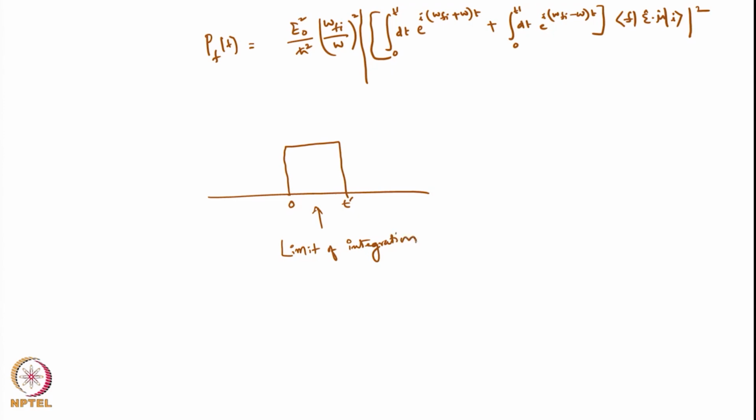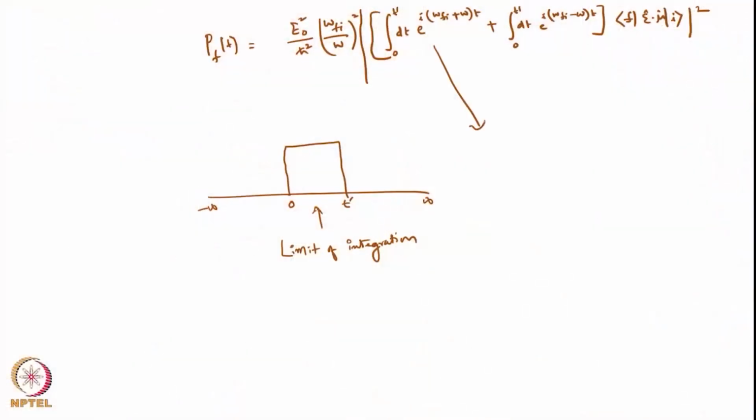But if you consider the entire time of minus infinity to plus infinity, then from minus infinity to 0 there is no light, so there is no perturbation. Similarly, after t prime there is no perturbation. So the effect of perturbation before t equal to 0 and after t equal to t prime is going to be non-existent.